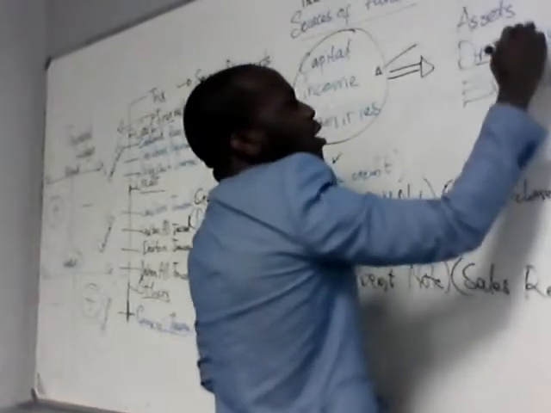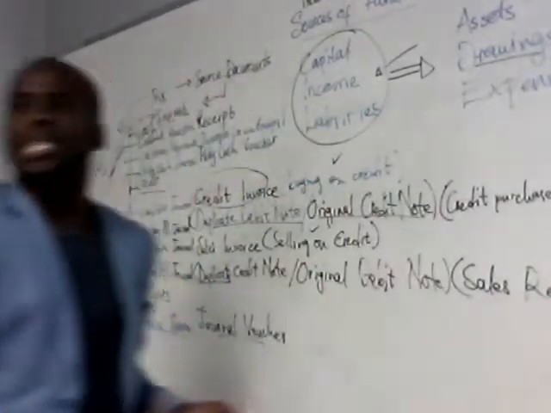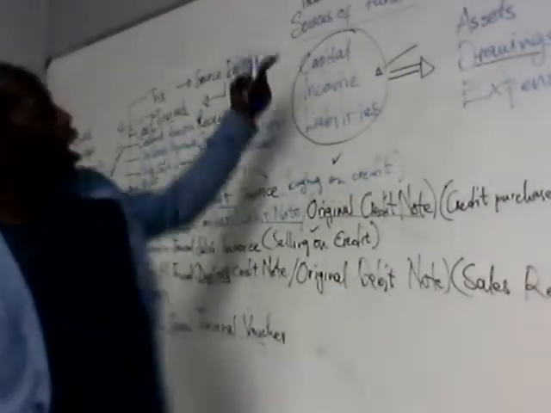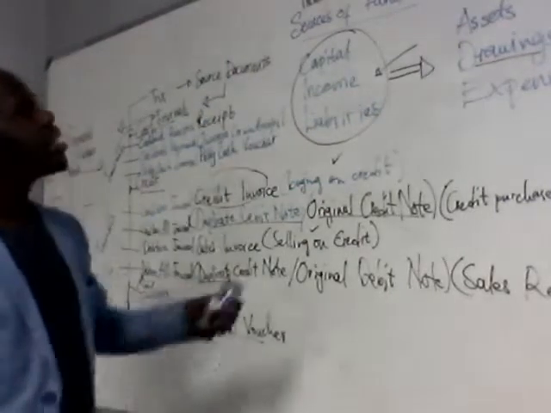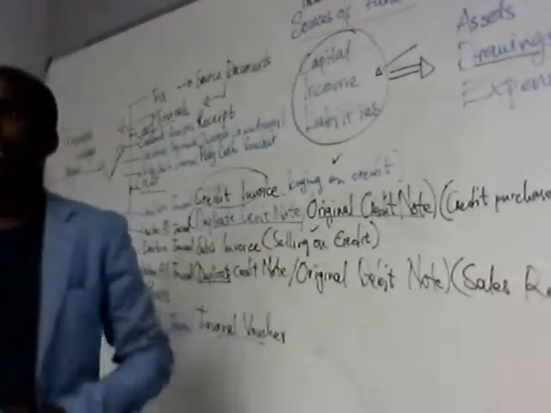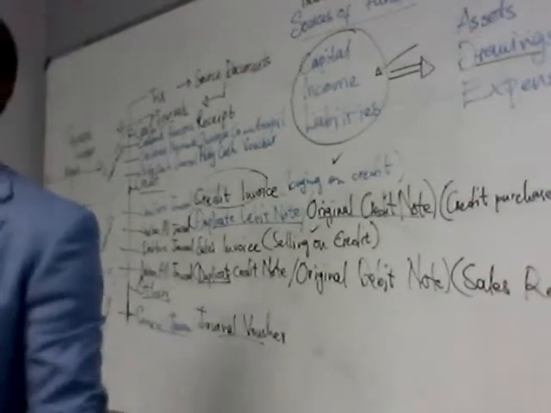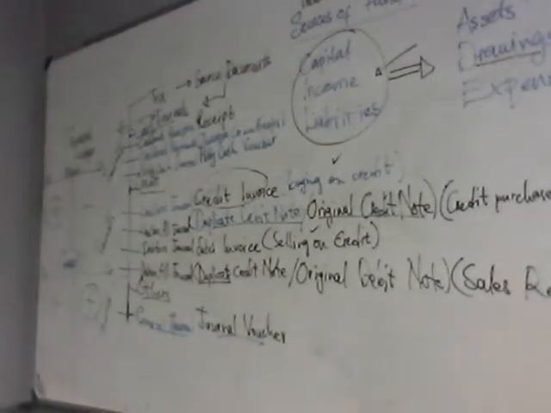All our assets, drawings and expenses increase on the debit side. All our capital, income and liabilities increase on the credit side. That is a principle that I really can't explain in complicated English; it is simply the difference that exists.